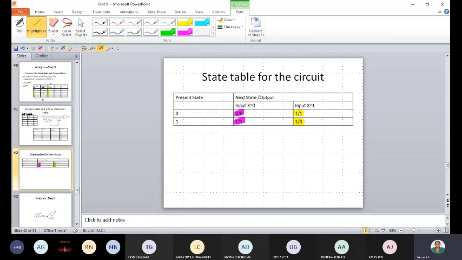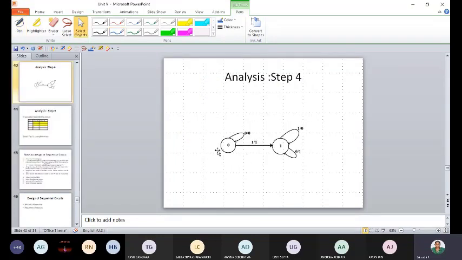Now the next step is you need to draw the state diagram. How to draw the state diagram? What are all the states you have? 0 and 1. When it is in the present state, with these combinations of input, you have a next state, namely 0 and 1. The number of states is only 2, 0 and 1.